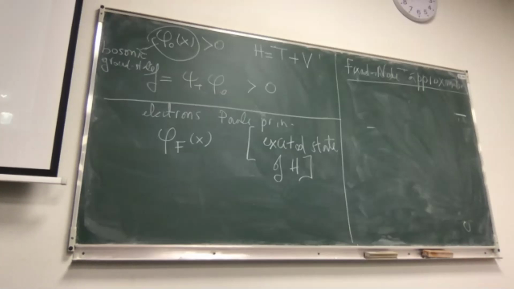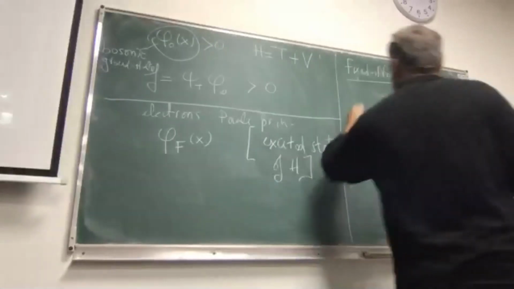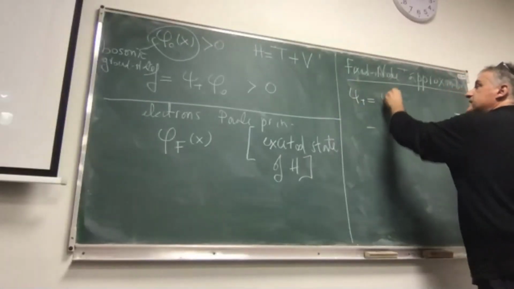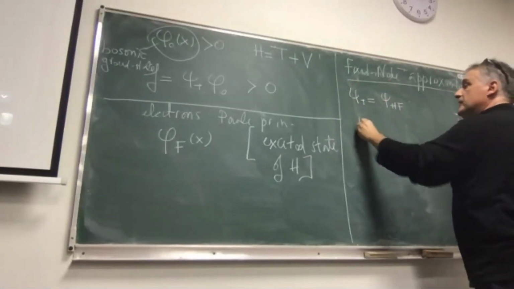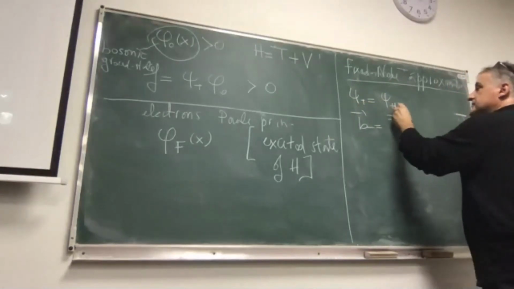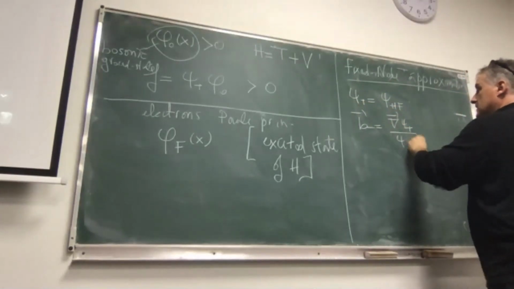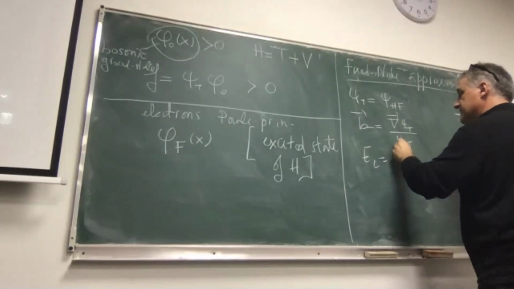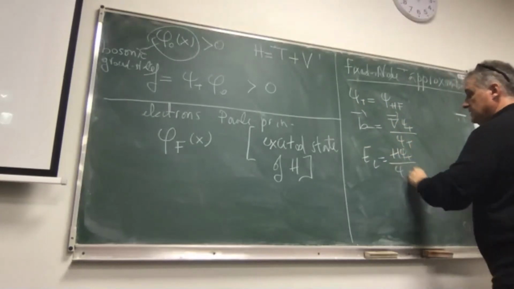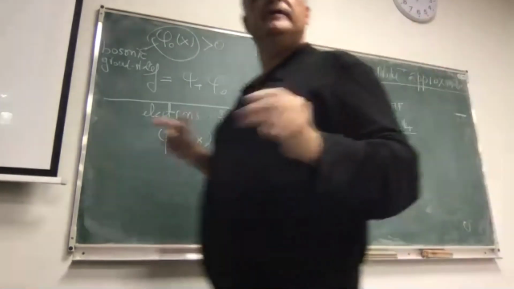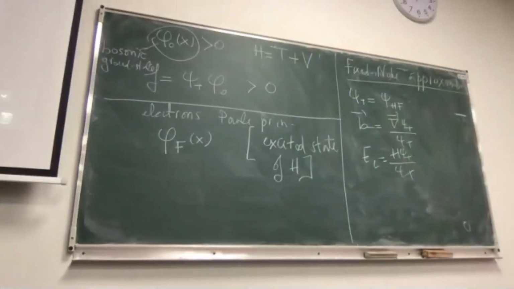Why? Because if you do what I say, you take psi t equal to the restricted Hartree-Fock, for example, you construct the gradient of psi t over psi t, the local energy equal to H psi t over psi t. You run your calculation and you get the physical quantum state. You don't get the bosonic quantum state. Why?